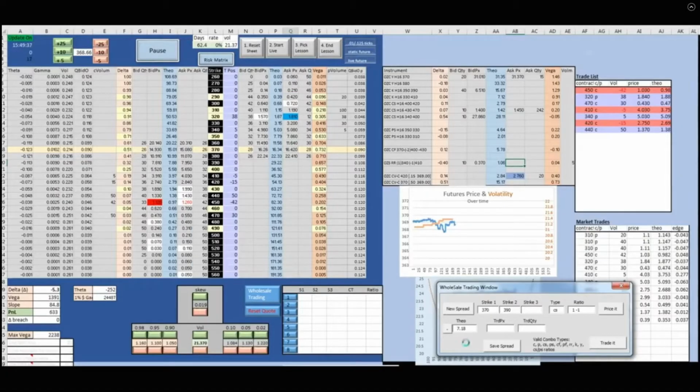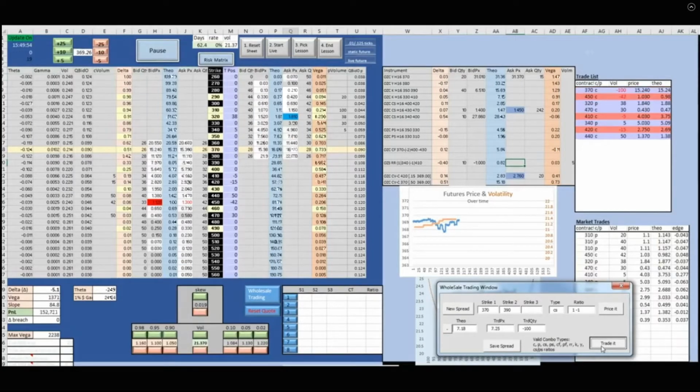If there's an open outcry trade, in this case, let's say someone paid 7 1/4 for 100 of them. Therefore, the user would enter in they sold 100 at a price of 7 1/4, and they would hit the trade it button, and you'll see the position goes into your trade list.